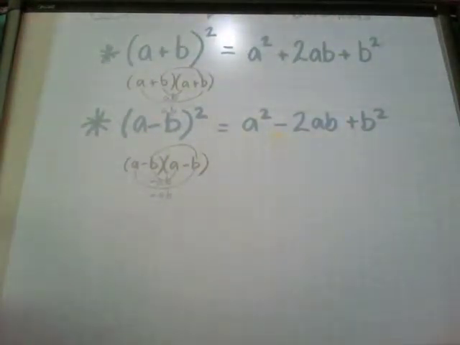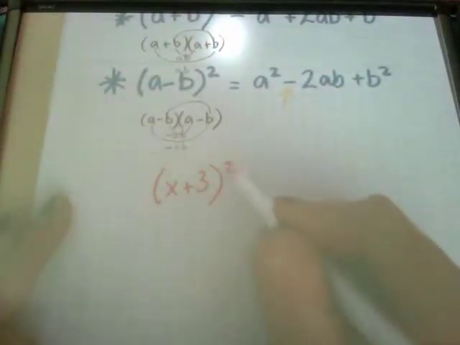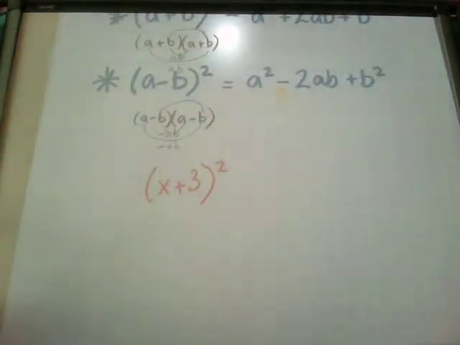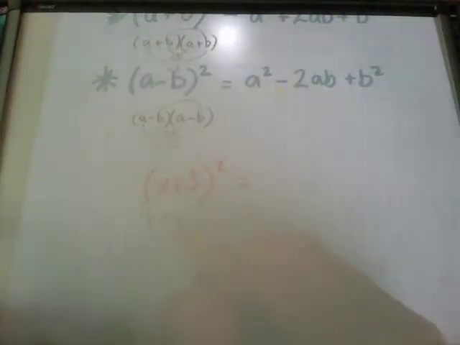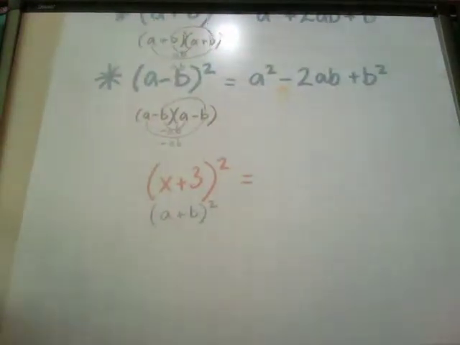Let's try a couple. I'll show you how it works with actual binomials, not just the a and the b. So let's do the first one. Let's do x plus 3 squared. Now we could write it side by side and FOIL it, but I want to practice using the pattern. Now, according to the pattern, let's identify it uses a and b. So I'm writing that underneath just so we can see.